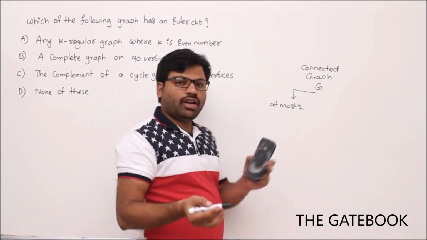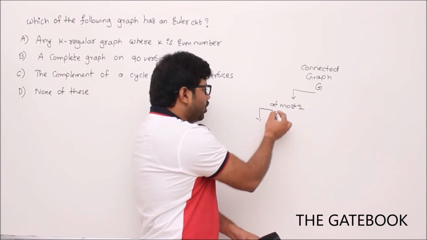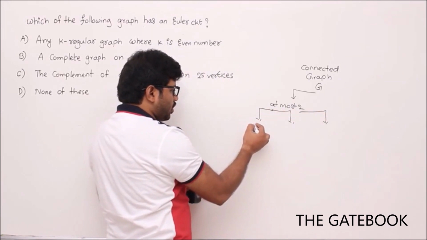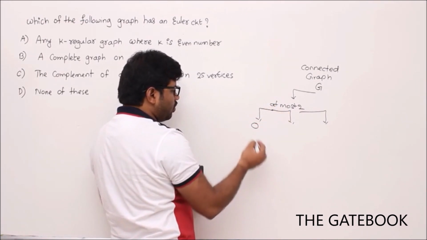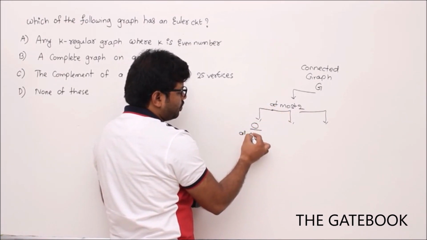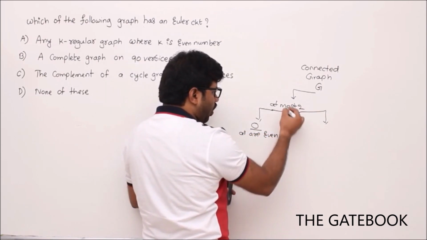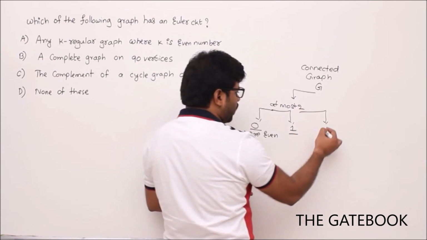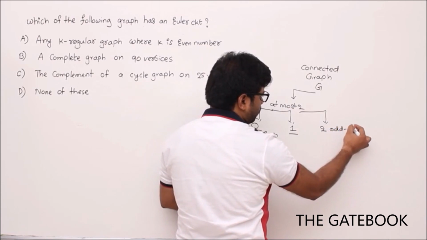But whenever the number of odd degree vertices is at most 2, then we can classify them into 3 parts, right? One is 0, that means the number of odd degree vertices is 0, that means all are even. The second is the number of odd degree vertices is 1. The third one is exactly 2 odd degree vertices.